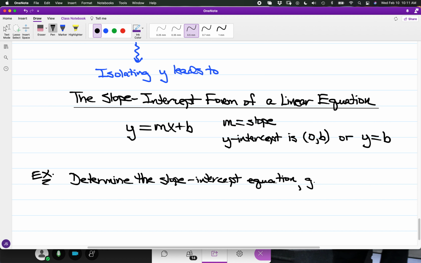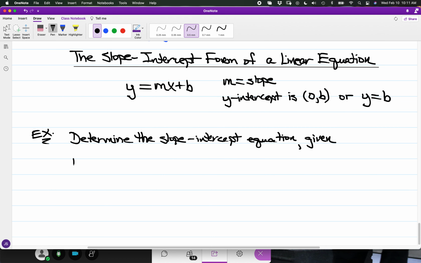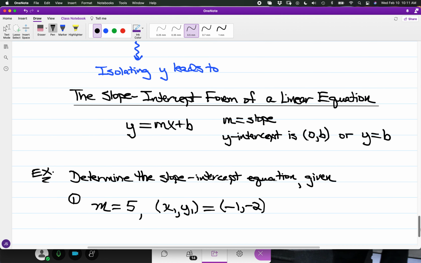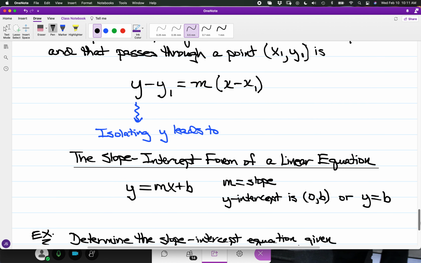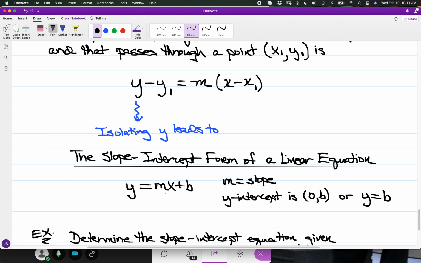Let's say we are given, first of all, that the slope is provided, and say it is equal to 5, and the point through which the line passes is -1, -2. So that creates the way forward to getting to y is equal to mx plus b.